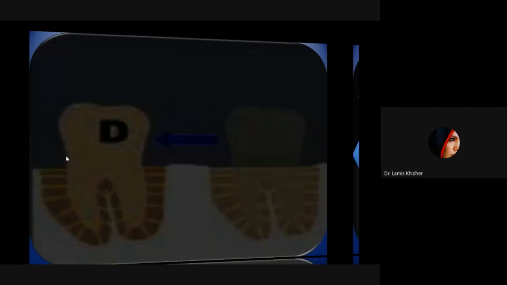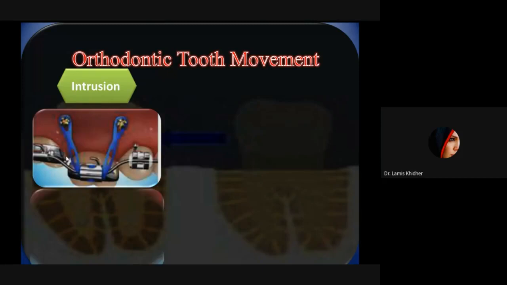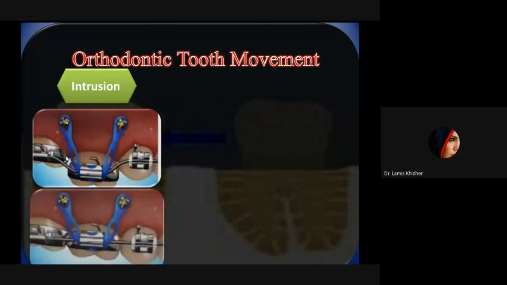The fifth and sixth types of orthodontic tooth movement are intrusion and extrusion. Intrusion, as you can see here, can be defined as a movement of the tooth in vertical direction toward the apex, in apical direction.